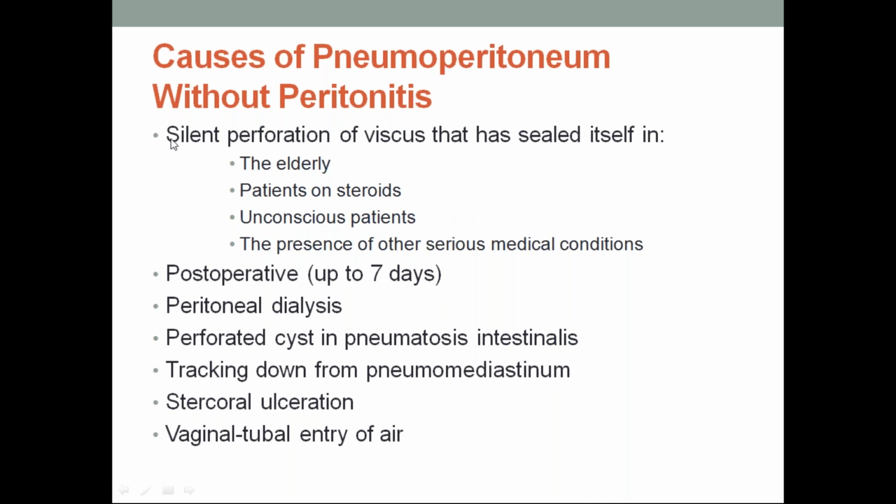In this condition a silent perforation of the viscus will be seen. Normally it will be sealed off. Even if the patient has that perforation, we don't have any symptoms or any acute abdominal conditions. And also during the post-operative period, up to 7 days.